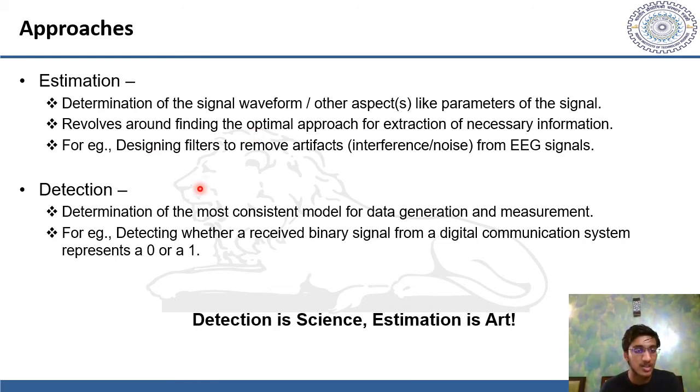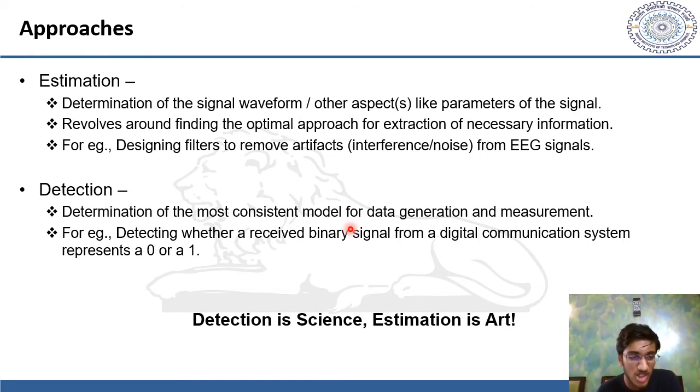However, as can be proved via the statistics involved in detection theory, which essentially generates nothing but decision rules in order to determine the most consistent model, the fundamental nature of the decision rule does not change when we change the optimization criterion.